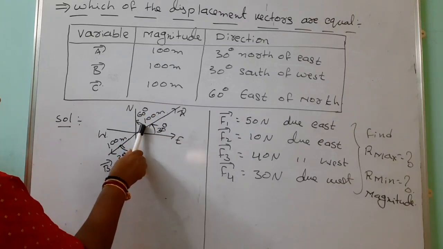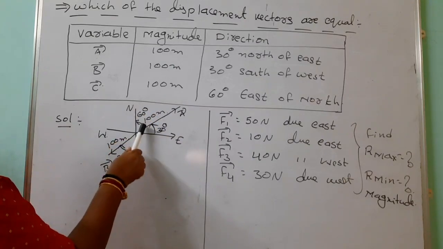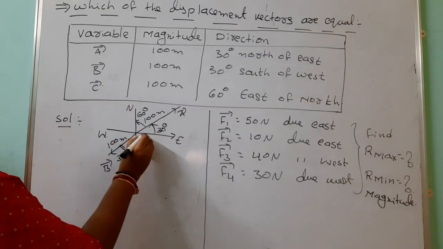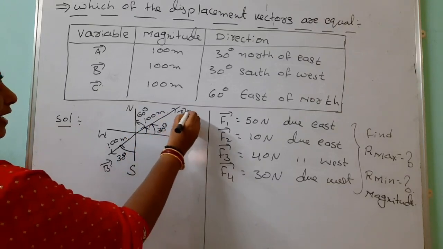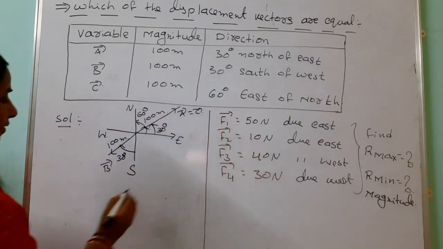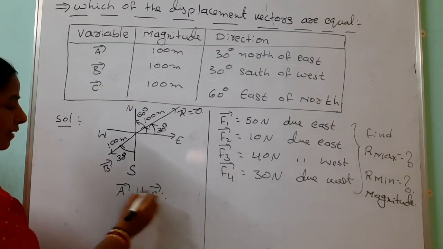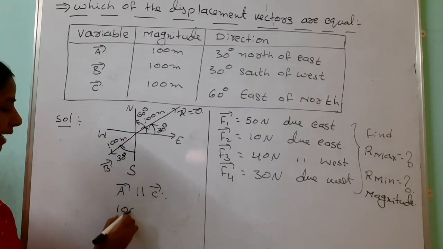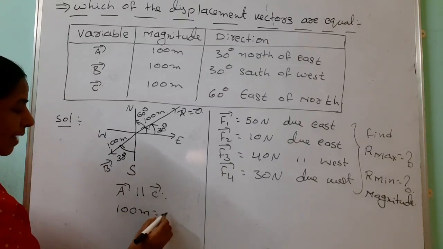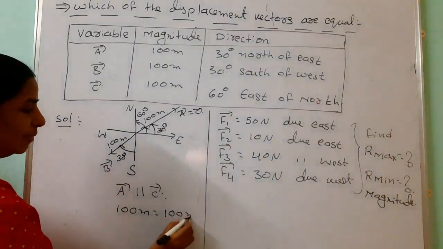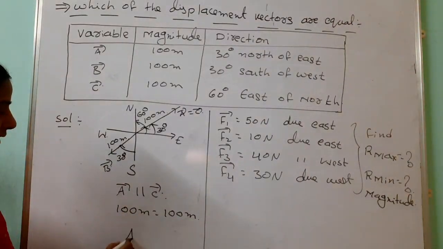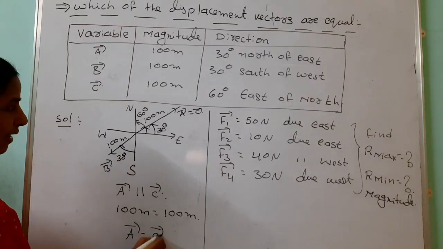See, if it is making 16 degrees with north, how much angle will it make here? The same 30 degrees. So A bar is equal to C bar. Why? A bar is parallel to C bar, and the magnitude of A bar equals 100 meters and the magnitude of C is also 100 meters. So the answer is A bar equals C bar.